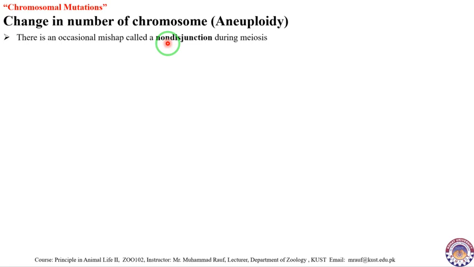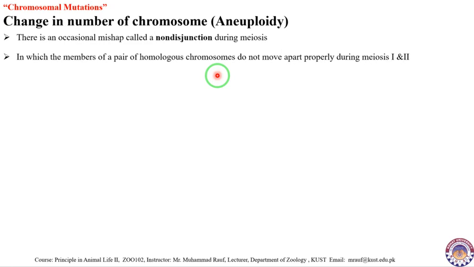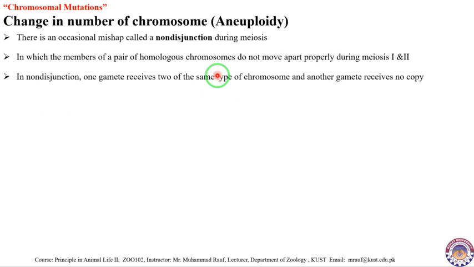Then these duplicated chromosomes are arranged on the metaphase plate, and sometimes the individual members are unable to separate from each other, and both of them enter one gamete, and the other gamete completely lacks a copy of that particular chromosome.